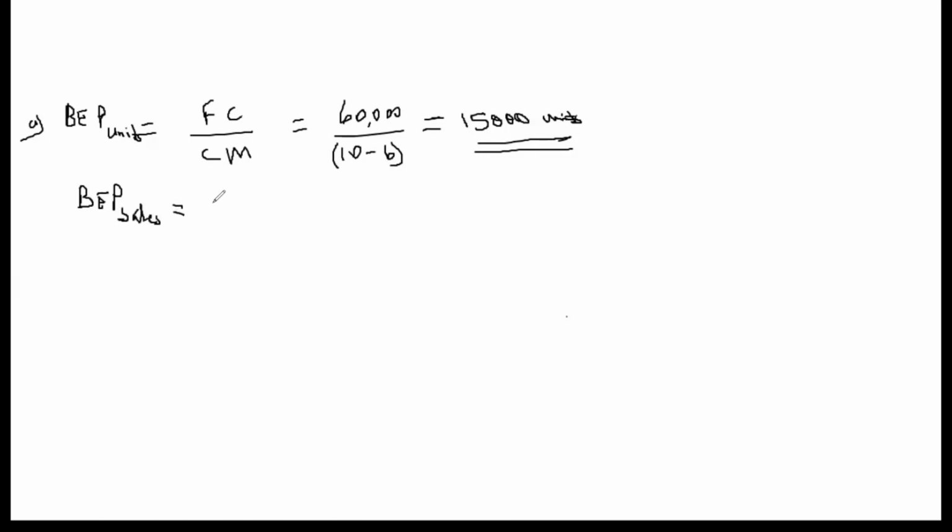That is equal to 15,000 times 10. 10 is our selling price, so it will give us 150,000. I think that is more direct.